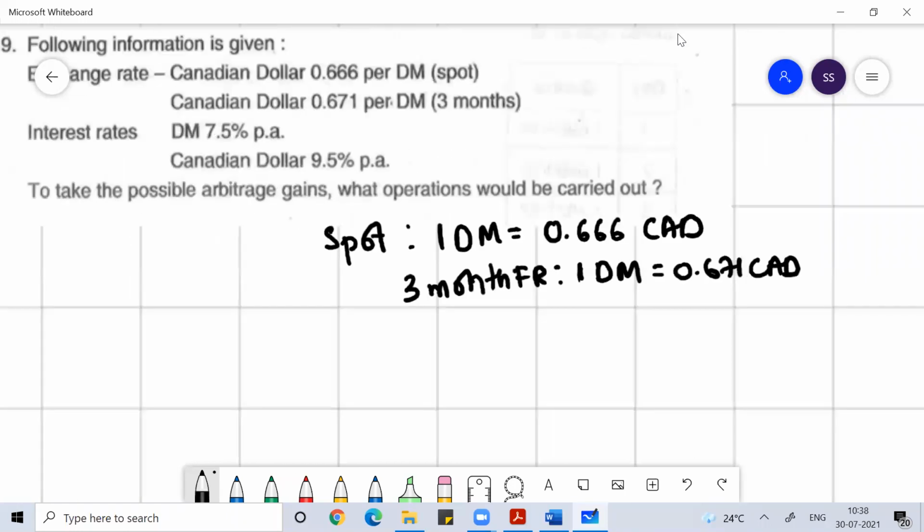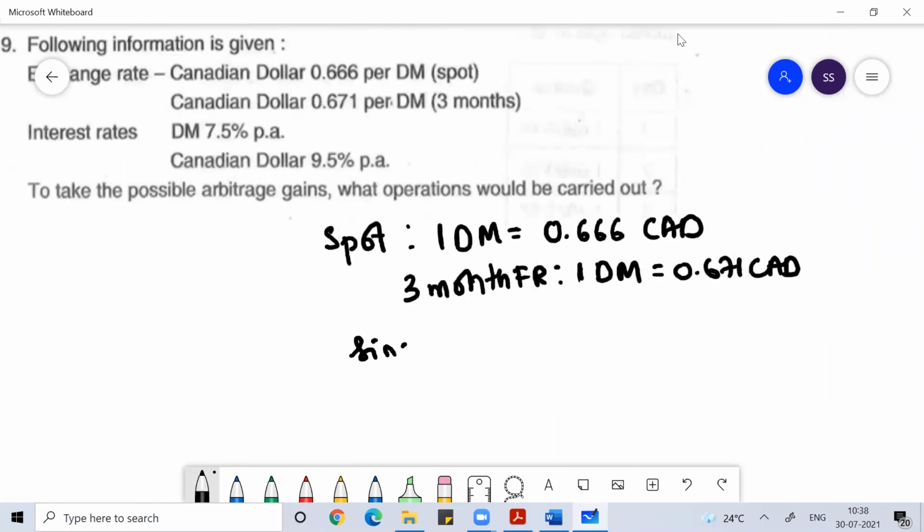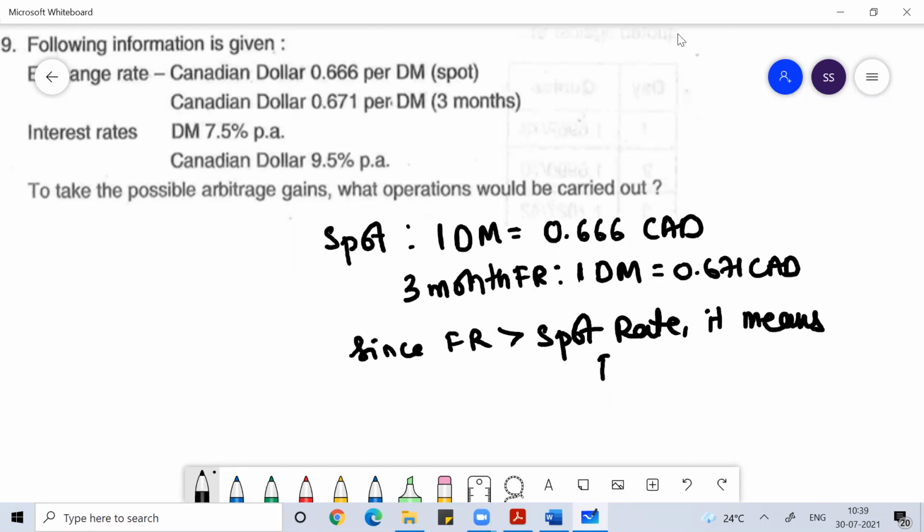Since the forward exchange rate is more than the spot rate, it means the forward rate is at premium.